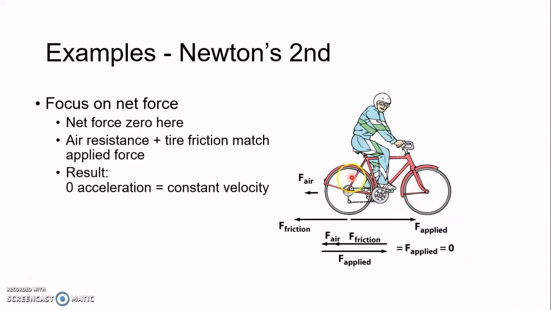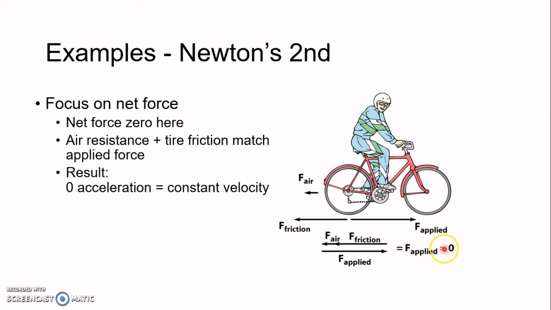The biker is pushing forward with some force F applied, and he's being resisted by air resistance, which is pushing him backward, and friction, which is also pushing him backward. And so the force of air resistance plus the force of friction is going to have the same magnitude but opposite direction as the applied force, which tells us that the net force is 0.